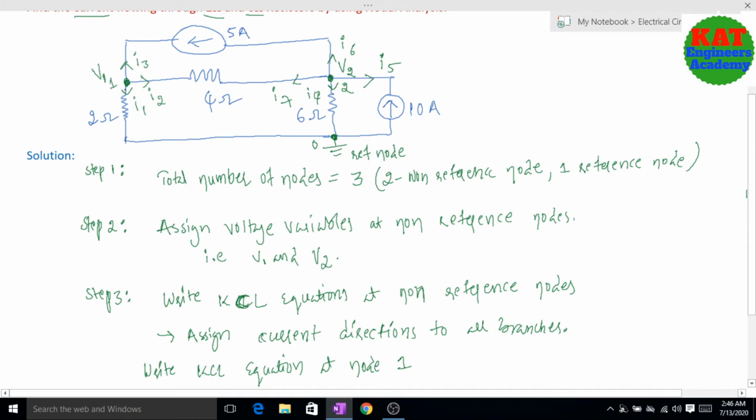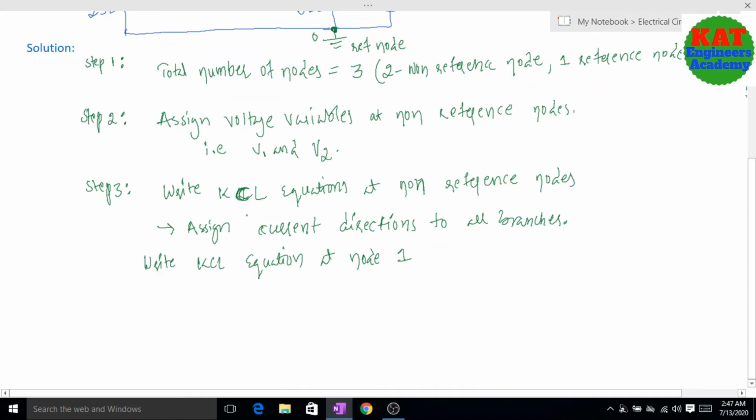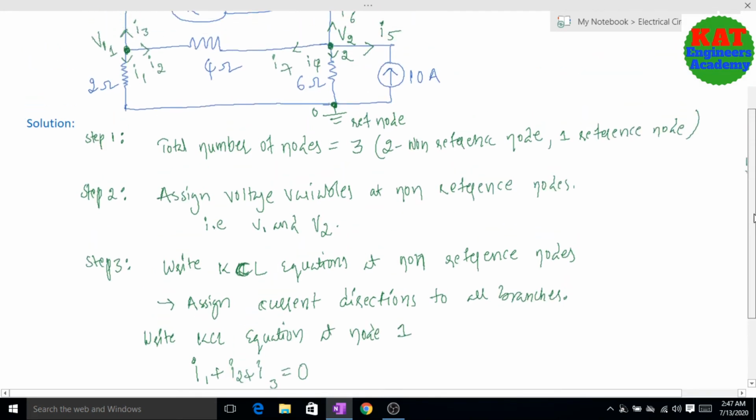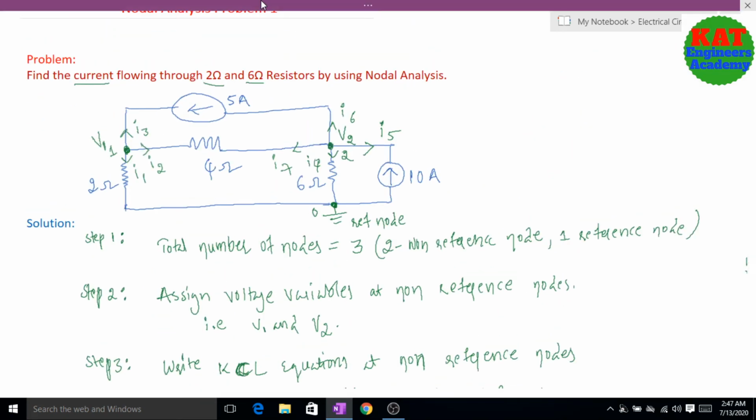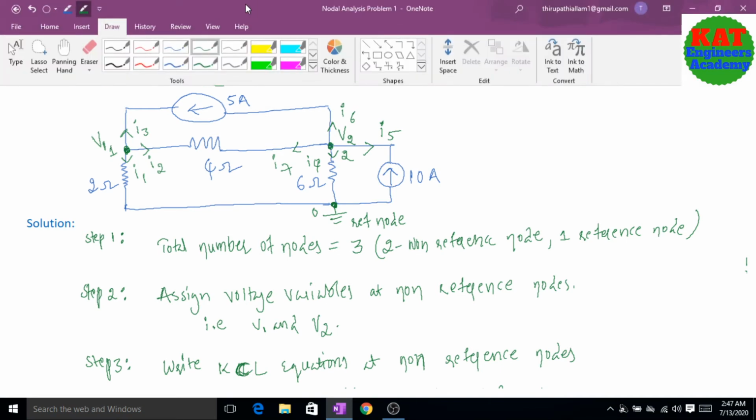According to the KCL, the sum of the currents away from the node is 0. So I1 plus I2 plus I3 equals 0.